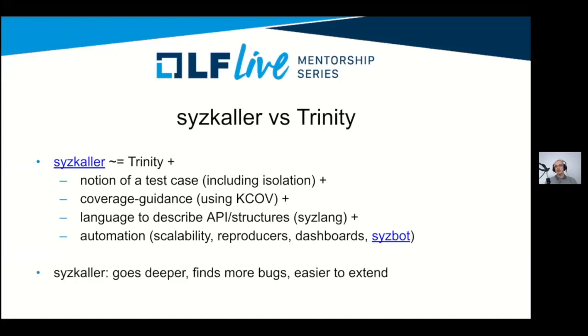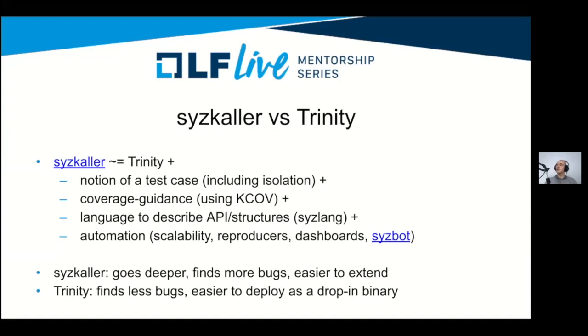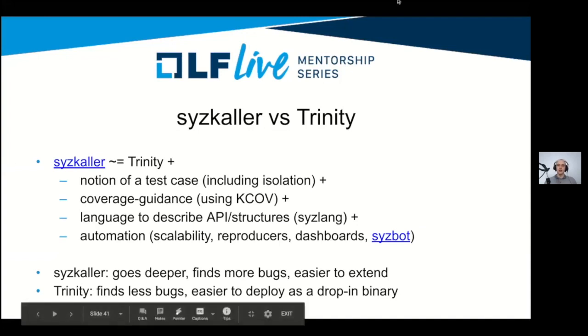Essentially, syzkaller goes deeper due to coverage guidance. It finds more bugs and it's easier to extend. But Trinity, even though it finds fewer bugs, I think is still useful in certain cases because it's really easy to deploy as a binary. You just build it, you drop in the binary, you run it, and that's it. syzkaller can also be run in standalone mode, but it's a little bit more difficult to set up.